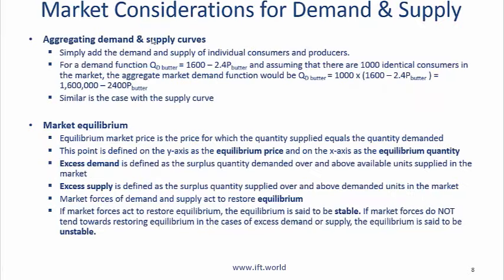So far, we have talked about supply and demand from the perspective of either an individual consumer or an individual producer. When we talk about a market, then we have to aggregate the consumers and aggregate the suppliers. To do so, we simply add the demand and supply function of individual consumers and producers. Let's say we have a demand function like this.